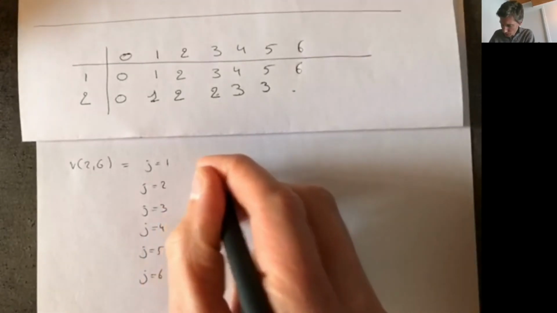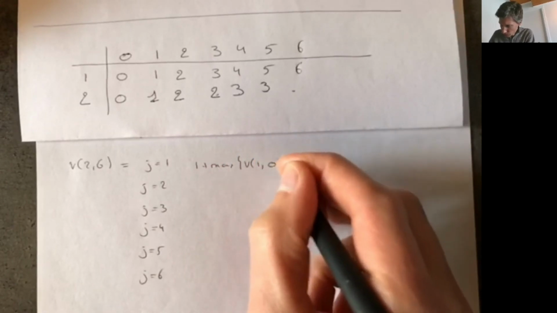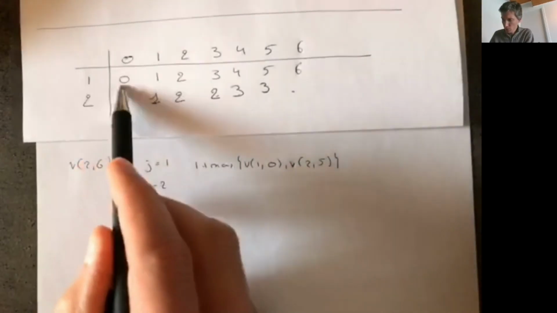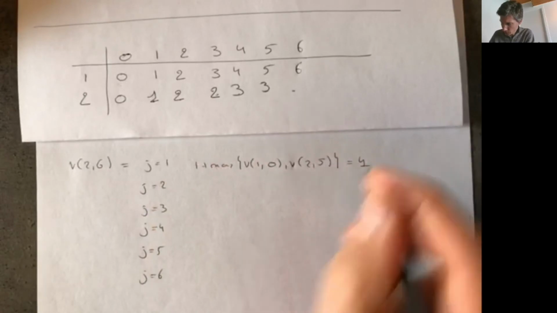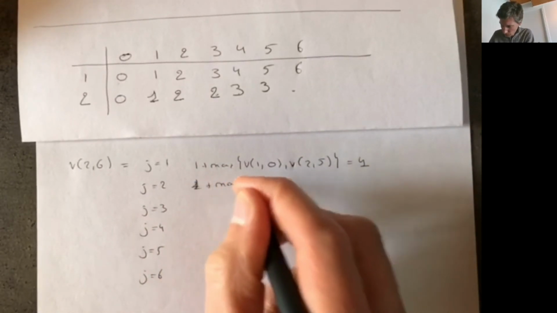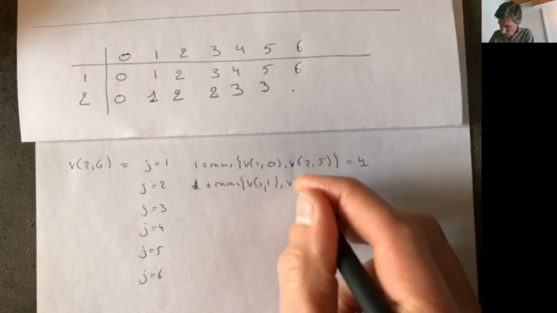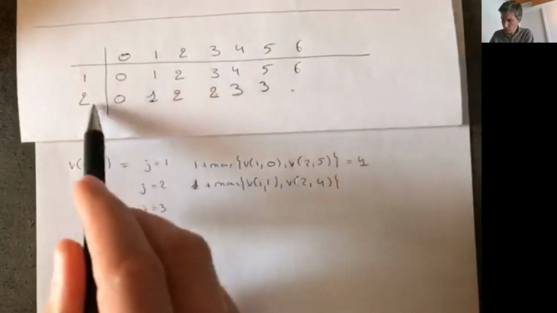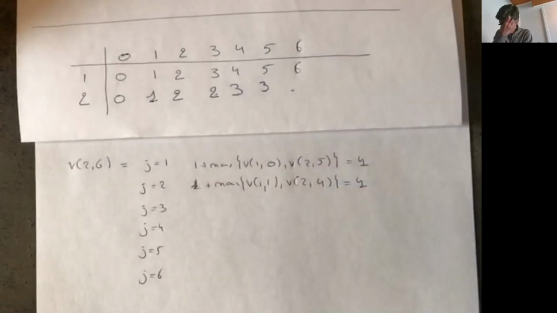Okay, so 1 plus the maximum of v1,0 and v2,5. v1,0 is 0, v2,5 is 3, plus 1 is 4. 1 plus the maximum of v1,1 and v2,4. v1,1 is 1, v2,4 is 3, plus 1 is 4.